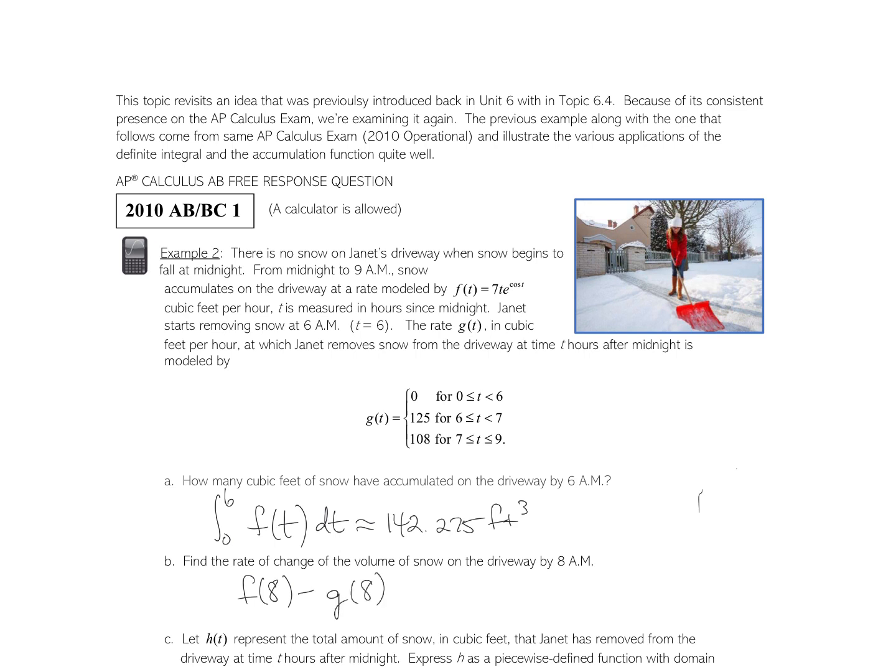So at G of 8, do you see it's 108? So we're going to find F of 8 and subtract G of 8, which is 108. So essentially it's going to be F of 8, subtract 108, and we get minus 59.583 cubic feet per hour.